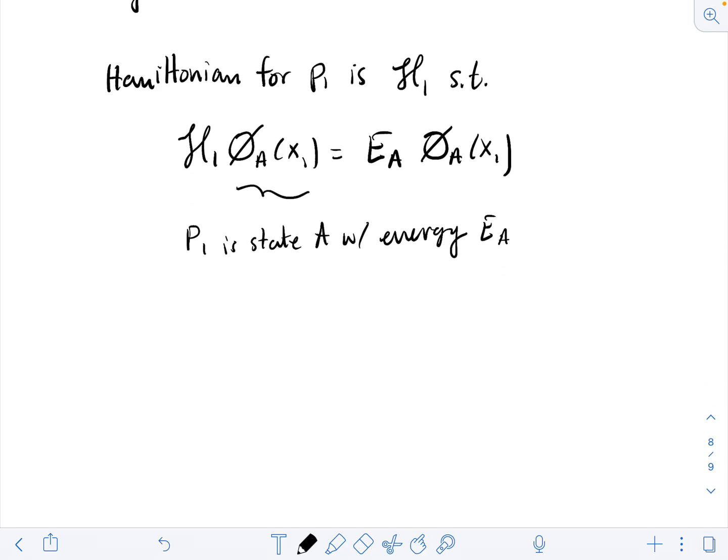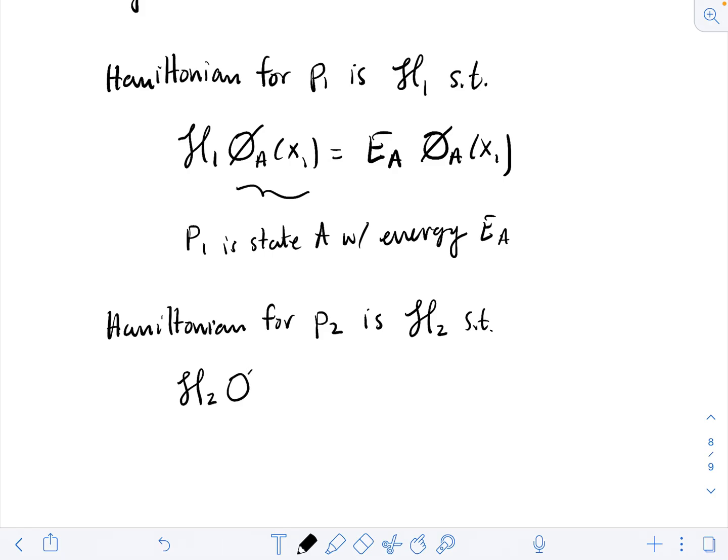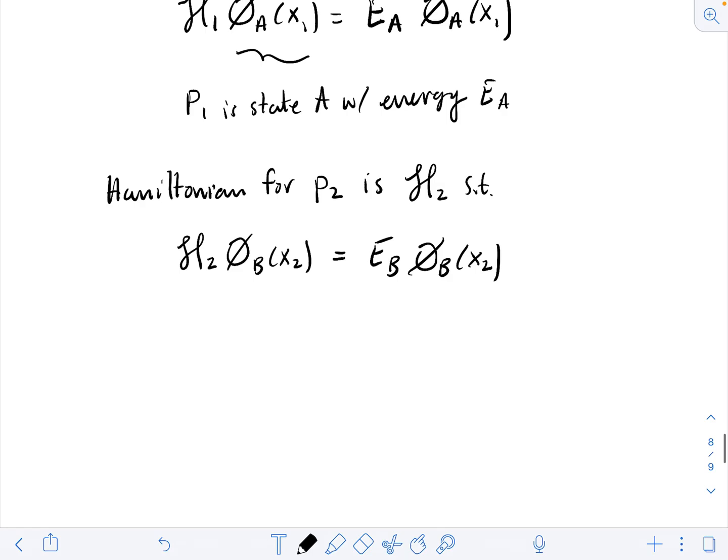Okay, now we said we were going to have two particles in our system, and so in the same way, the Hamiltonian for particle 2, which is an identical particle, is H2, such that when H2 acts on the single particle wave function of particle 2 at position x2, what we get is the eigenvalue, which is energy EB, times the wave function of particle 2 back again.